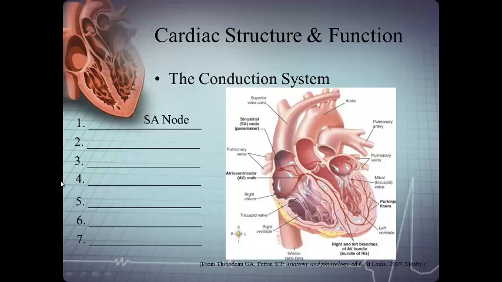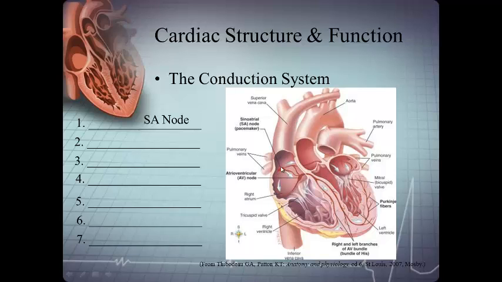Okay? Remember, we've got right atrium, right ventricle, out to the lungs, back into the left atrium, left ventricle, into the aorta, and to the rest of the body. Okay?